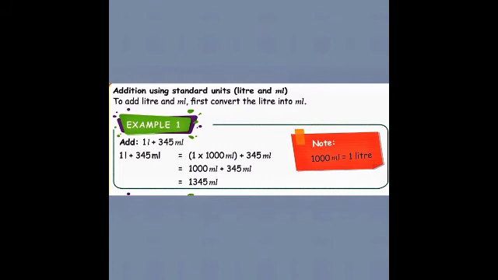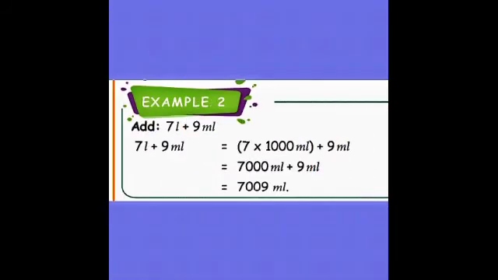In the same way, next example: add 7 liter plus 9 milliliter. The same procedure as for the first sum. 7 liter means 7 into 1000 milliliter. 7 into 1000 is 7000 milliliter plus 9 milliliter, which is equal to 7009 milliliter.